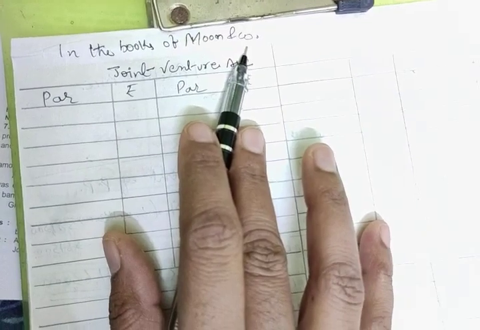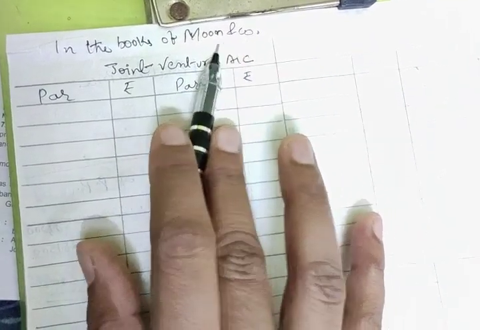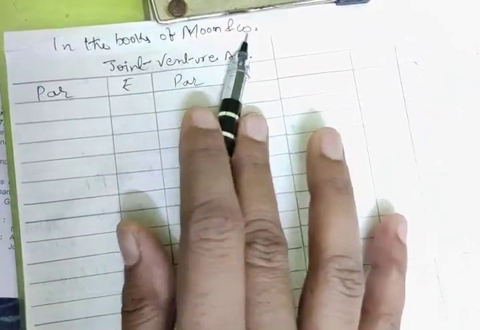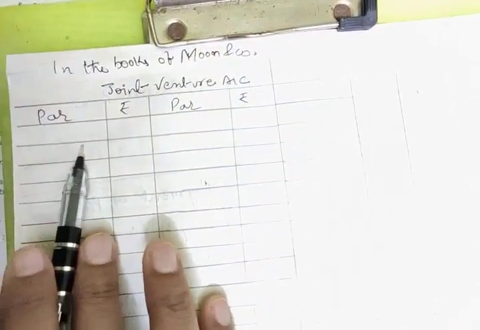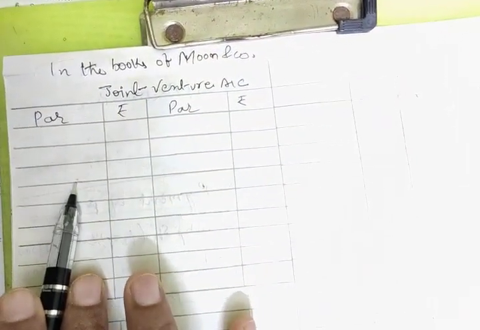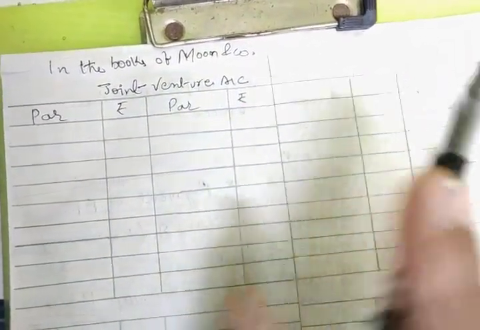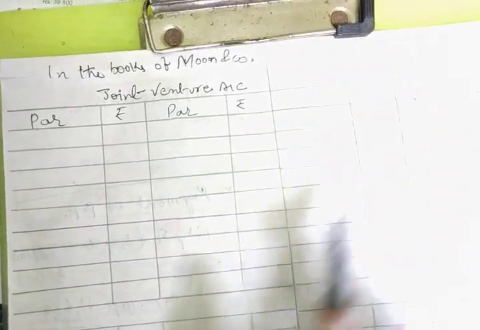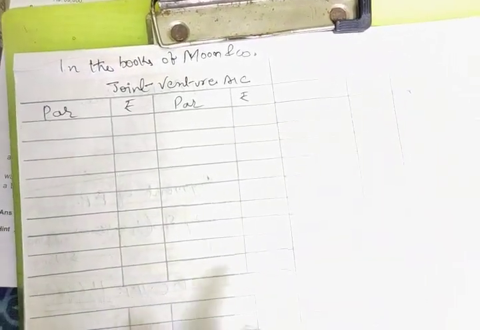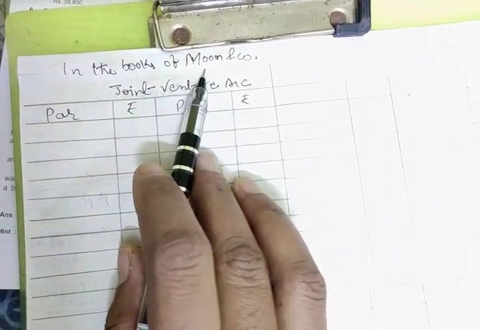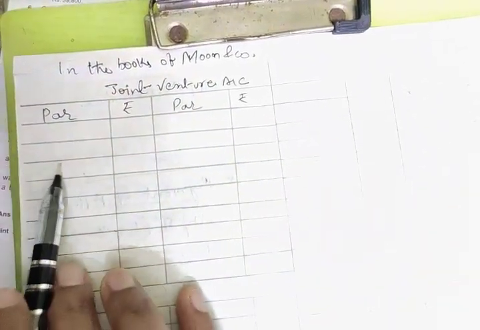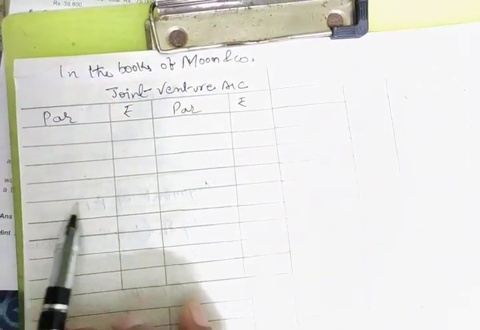So whatever purchase and expenses are done by Moon and Company, we will record in terms of to cash, and whatever expenses or purchases are done by the co-venturer, that is Star and Company, we will note in their name.